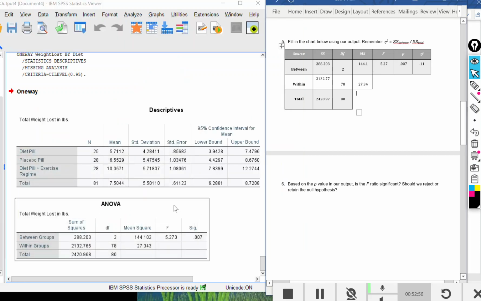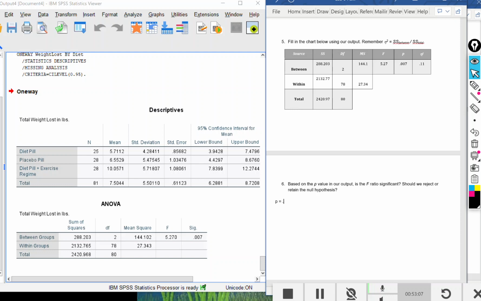All right, so I think you can write that down and mention that p is equal to 0.007, and the F ratio is 5.27, which exceeds the cutoff that we see in the PowerPoint.